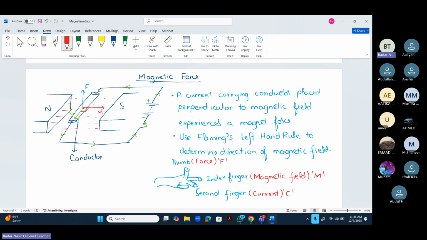Okay, now please remember that this is your index finger, so this end is the north, and the other end is the south. So this end is the north, and because the magnetic field line is always traveling from north to south, and this is the direction of the current through the index finger.